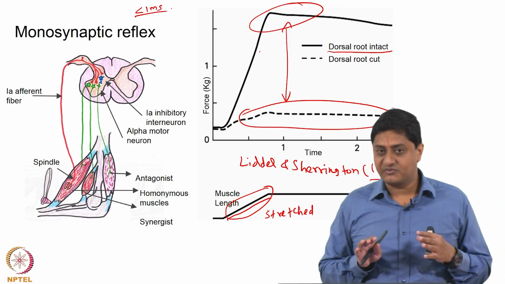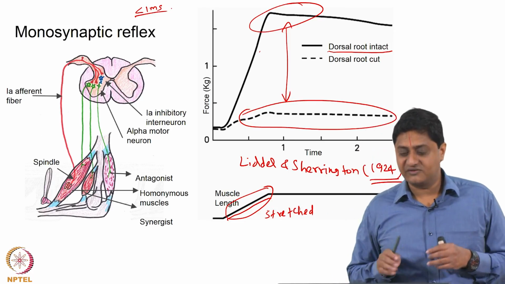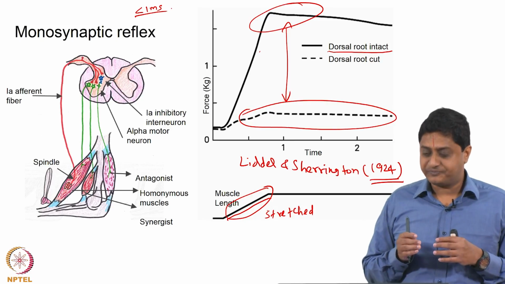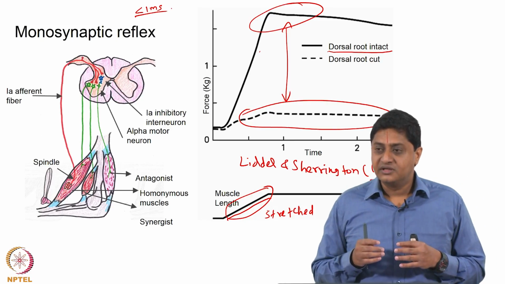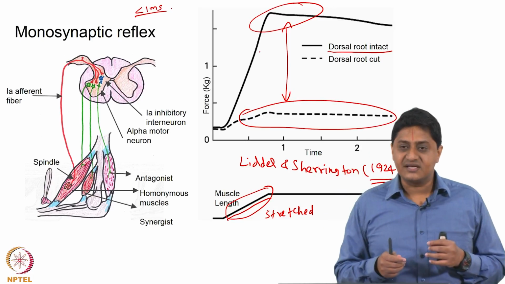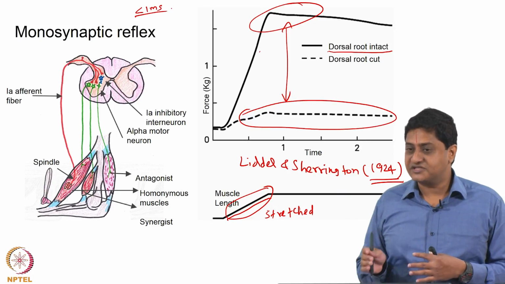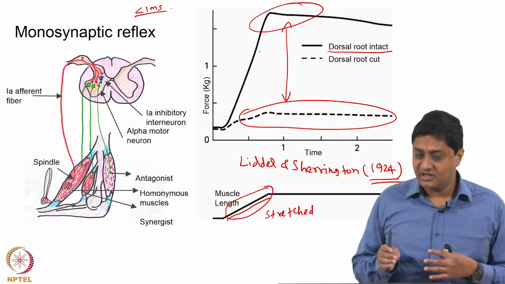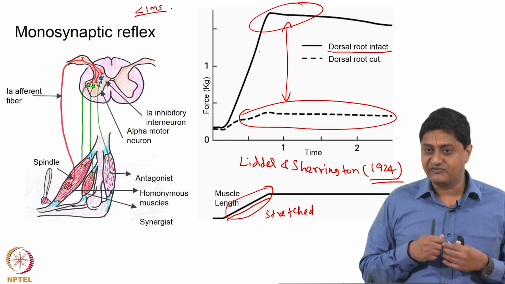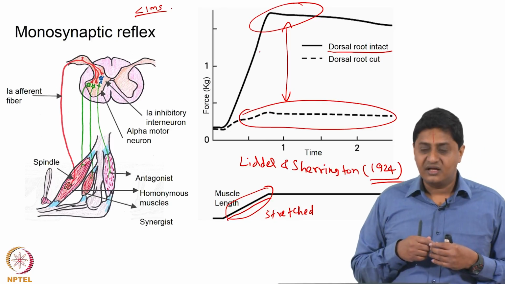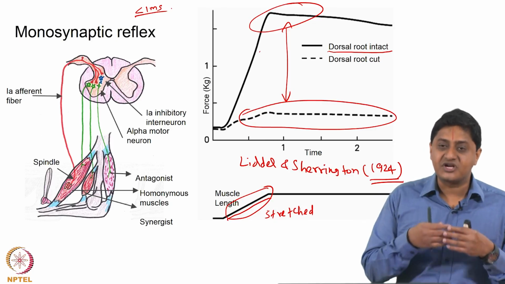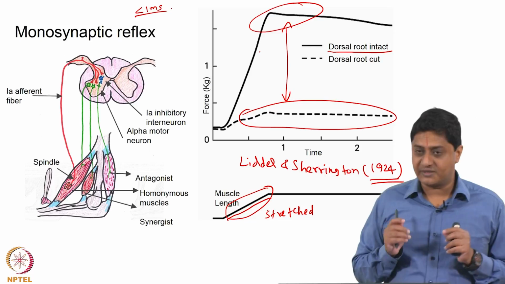So, let us remember what is going on. It is a bit more complicated than what is shown here. What is happening is simultaneous activation of flexors and inhibition of extensors of the limb that is experiencing the painful stimulus, and this is called the flexor withdrawal response, a polysynaptic response.